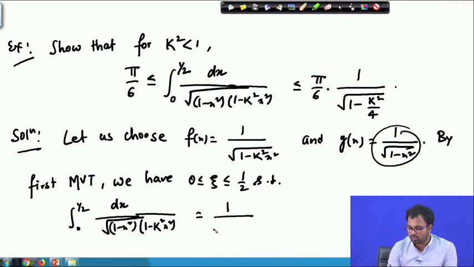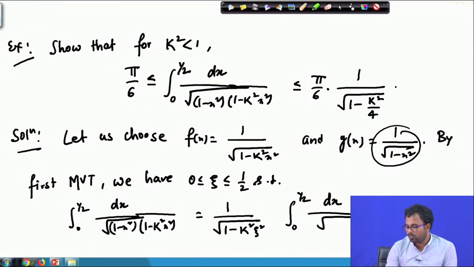So f of xi is basically 1 over square root of 1 minus k square xi square times the integral from 0 to half of dx over square root of 1 minus x square, right.